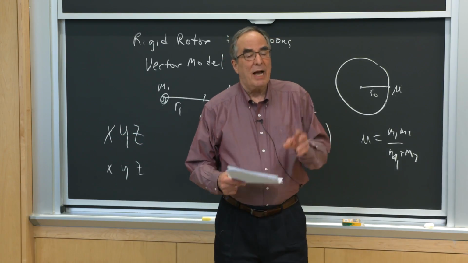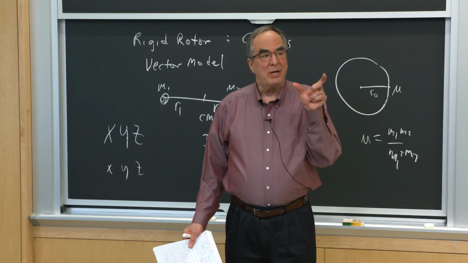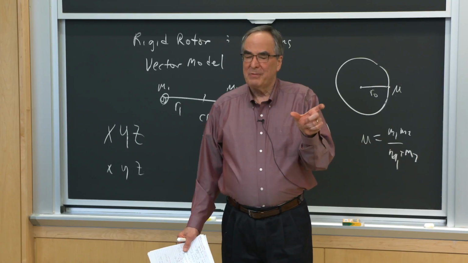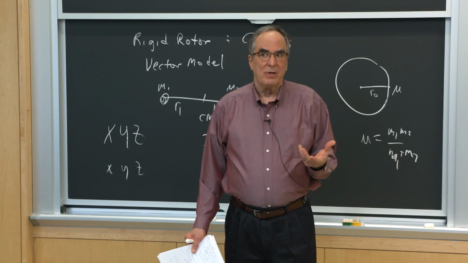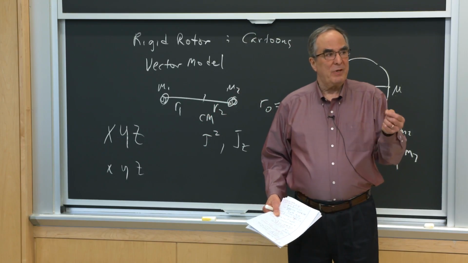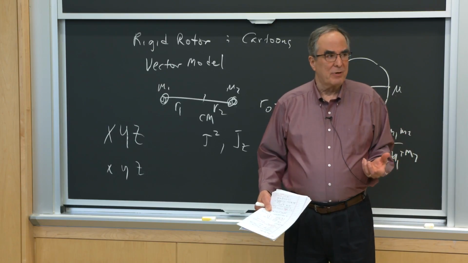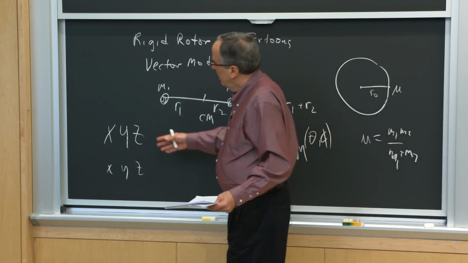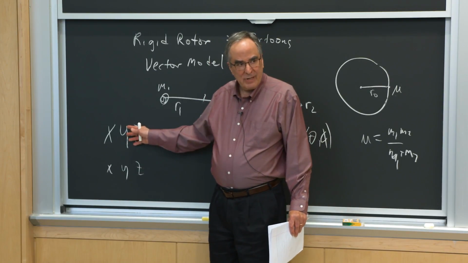And it's kind of trivial for a diatomic molecule. But it's far from trivial when you have a nonlinear molecule, a molecule with many atoms and properties of each of the atoms that somehow combine to give things that you observe. And so these two coordinate systems are very different.